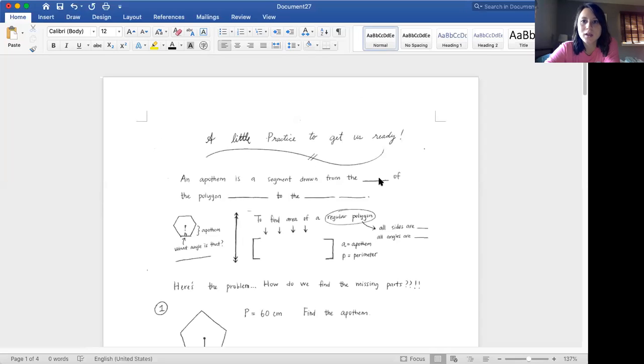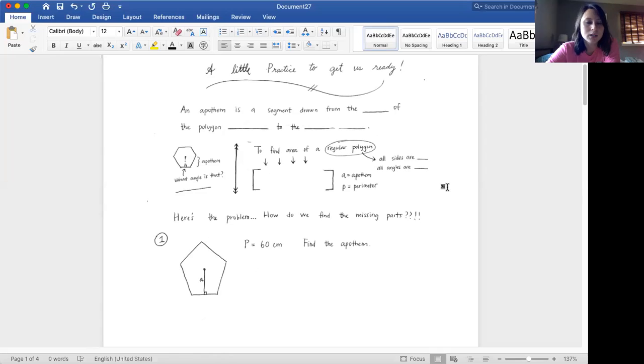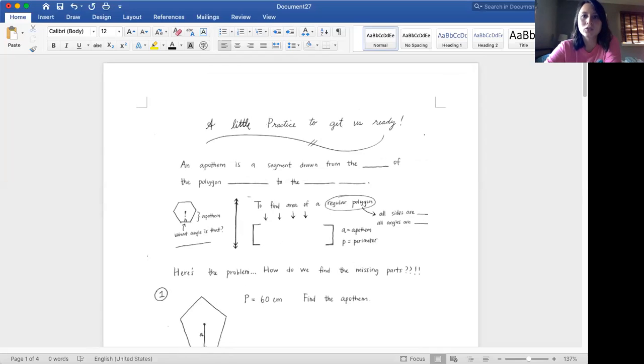So in this lesson, we are taking a look at finding the area of a regular polygon. Let's talk about a regular polygon for a second. We've looked at these before, but really it's just a polygon where it has all the same angles and all the same sides.